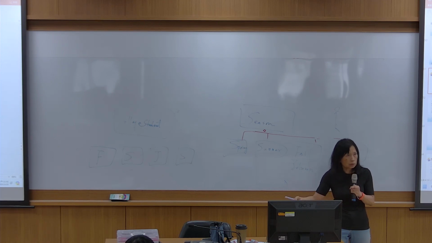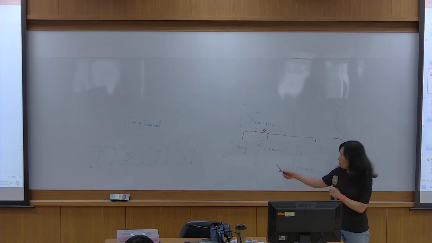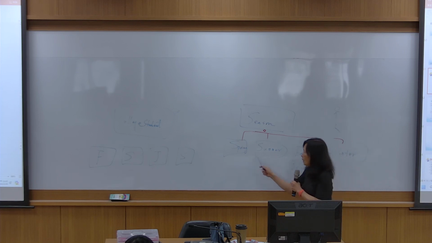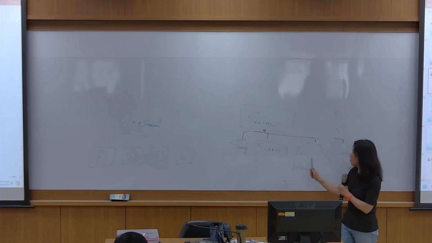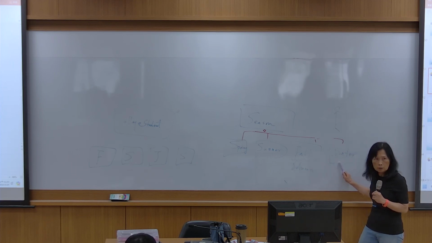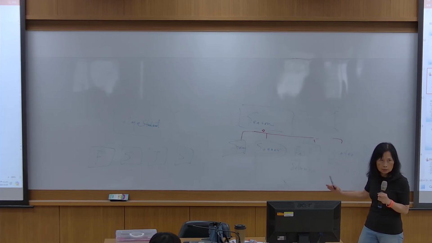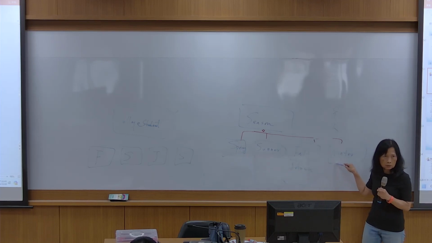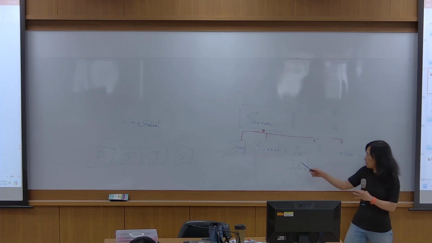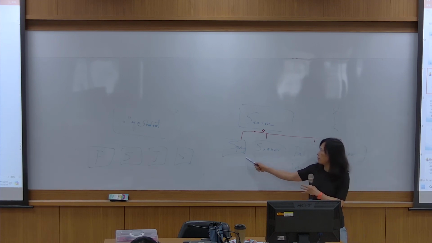It's just a sequence. But here, not only a situation like this, spring to summer to fall and winter, a state may go to different states. So we have, but we have to have a prefix.